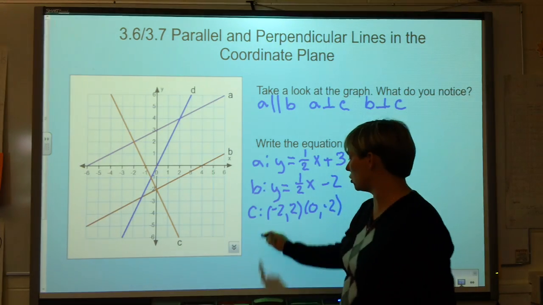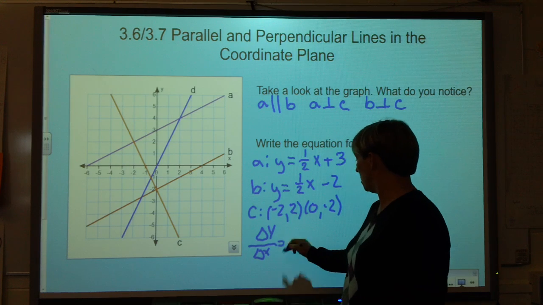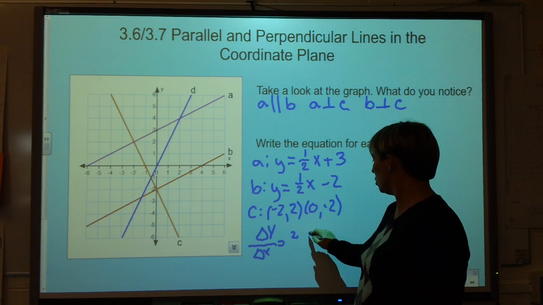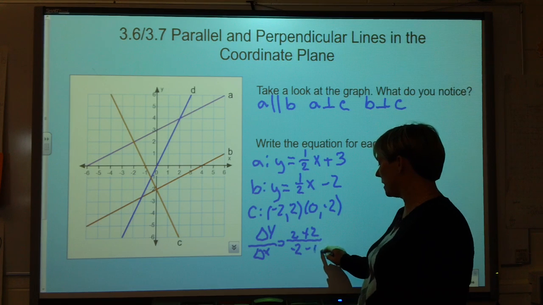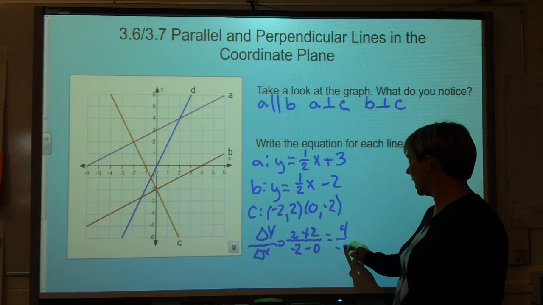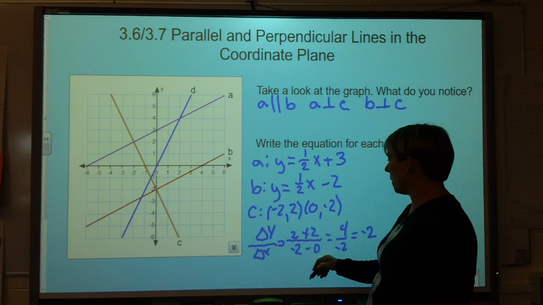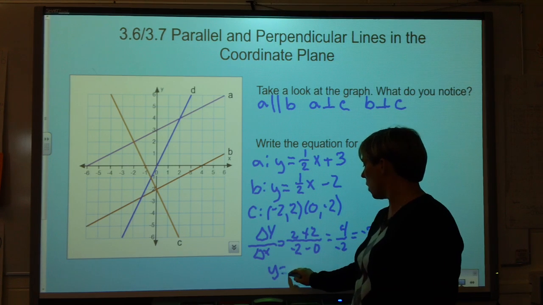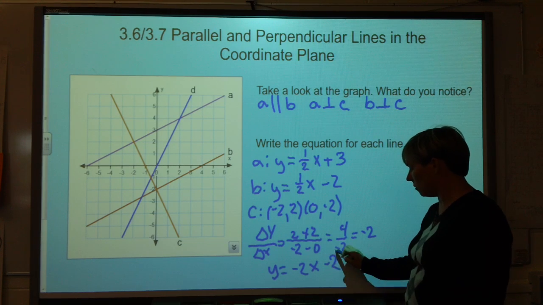Remember, slope is change in y over change in x. So that's going to give me 2 plus 2 over -2 minus 0. When I simplify that, I end up with 4 over -2, which is -2. So I know my equation for C is y equals -2x minus 2.